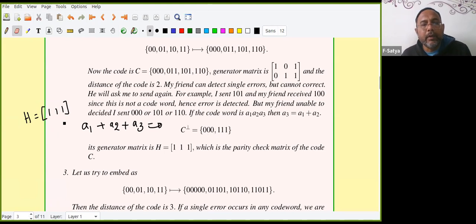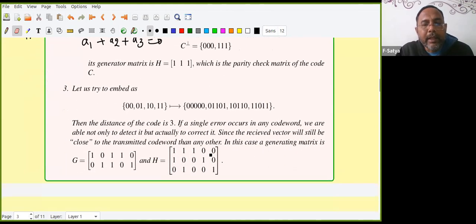There is only one, so the linear combinations of them are 0, 0, 0 and 1, 1, 1. But this is exactly the C perp of C. That means this code is the dual code to this code. So this code's generator matrix becomes the parity check matrix for this, and this code's generator matrix becomes the parity check for that one, right?